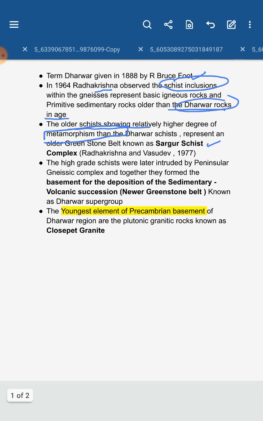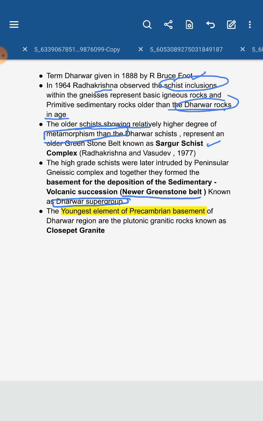Next point is, the high grade schist were later intruded by the peninsular gneiss complex, and together they form the basement for deposition of sedimentary volcanic succession, which is called the newer greenstone belt and also known as Dharwar Supergroup.